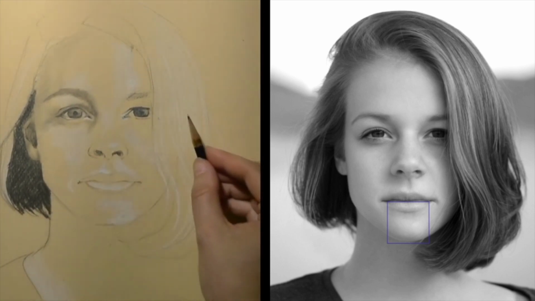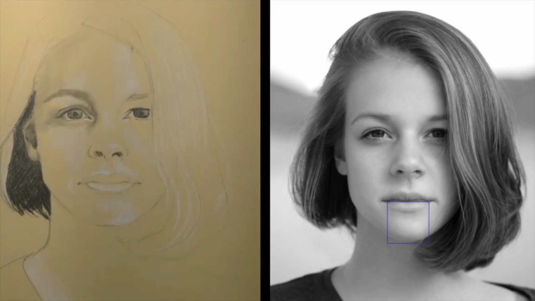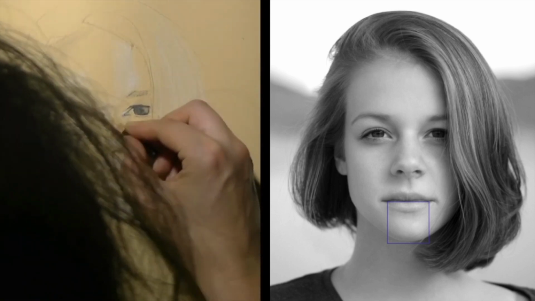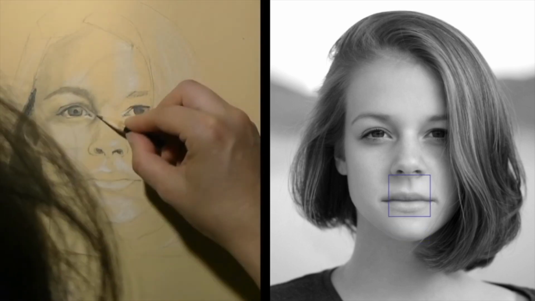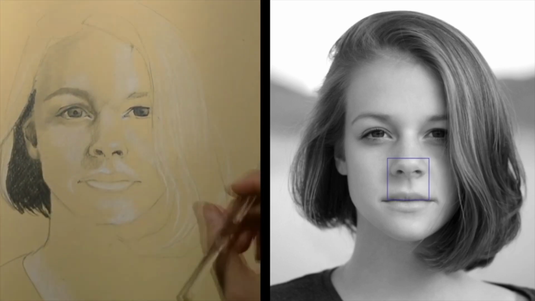So here's this square, and all that information in the square fits, right? All this information fits in the square. And then let's compare the square to what's above it.